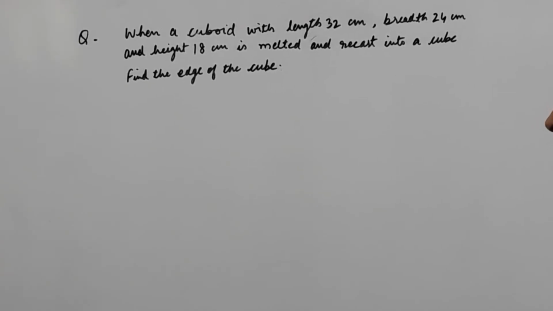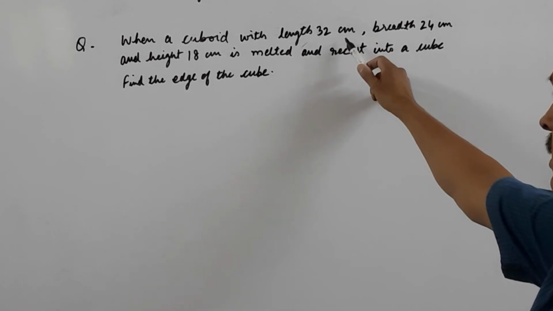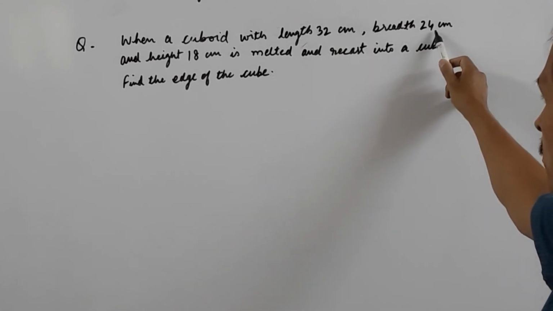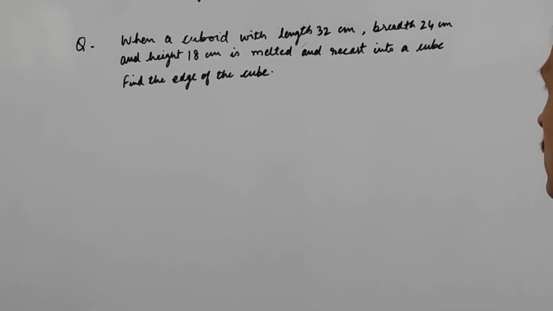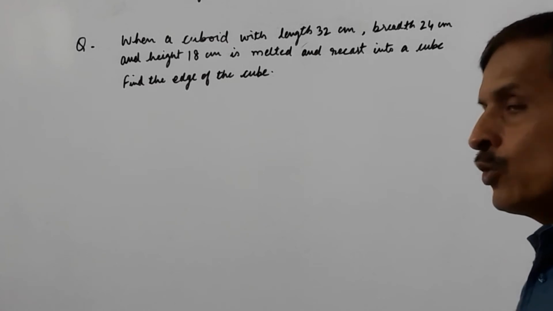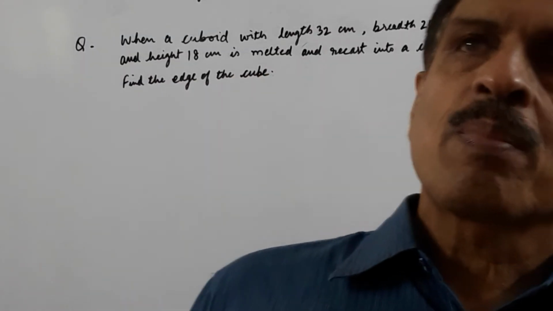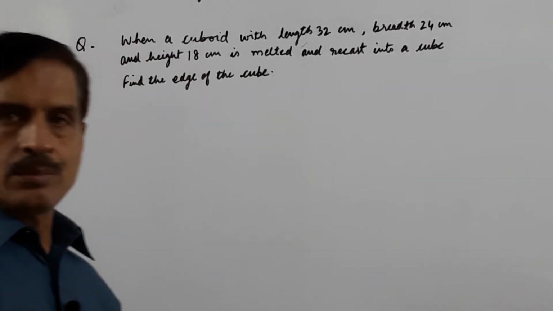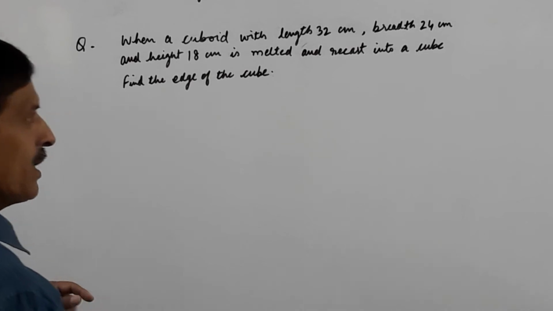In the next question, a cuboid with length 32 centimeter, breadth 24 centimeter and height 18 centimeter is melted and recast into a cube. Find the edge of the cube. When a solid is melted and recast in some other form, the volumes of such solids remain the same.